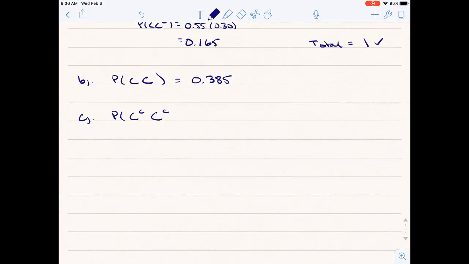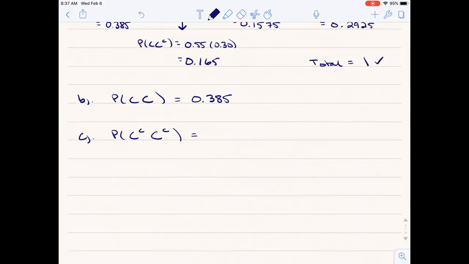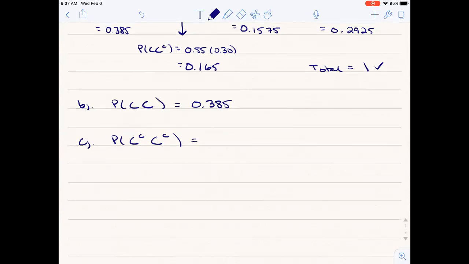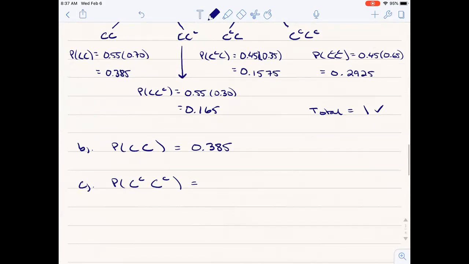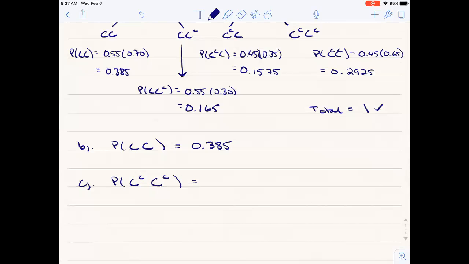But technically, when I'm saying either of the days, it's any of the ones without a clear day. We'll stick to not C, not C. Confusing. Don't worry, I put more thought into the test than the practice tests. So not clear, not clear is 0.2925.